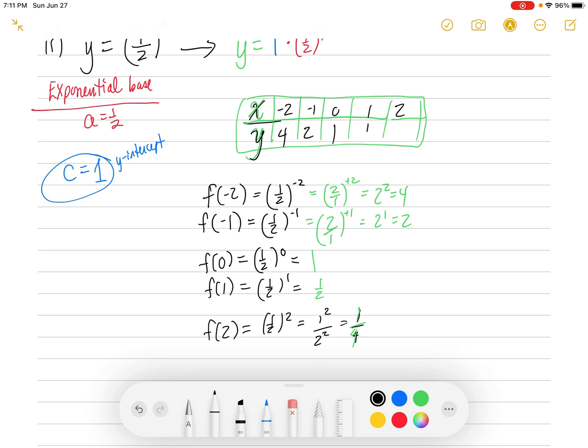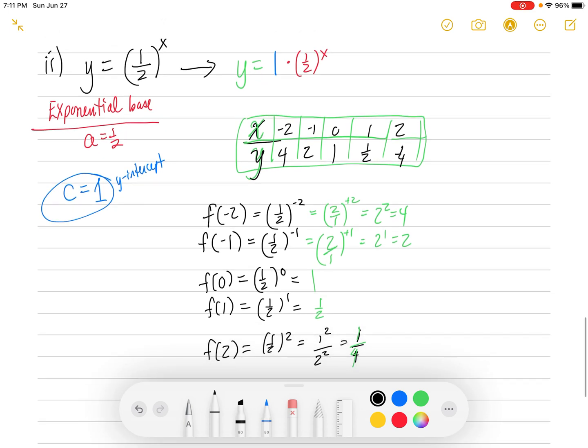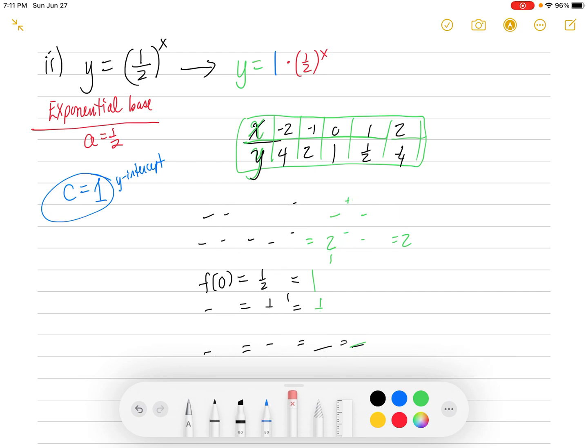So 1/4. So I got -2, 4, -1, 2, 0, 1, 1, 1/2, 2, 1/4. Okay? So we're going to plot all these out.